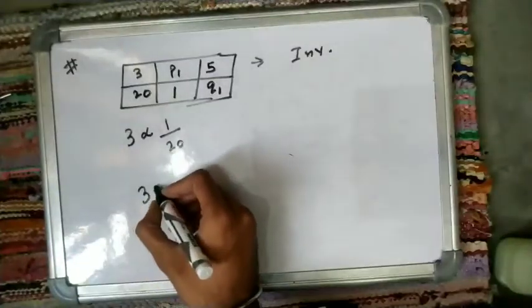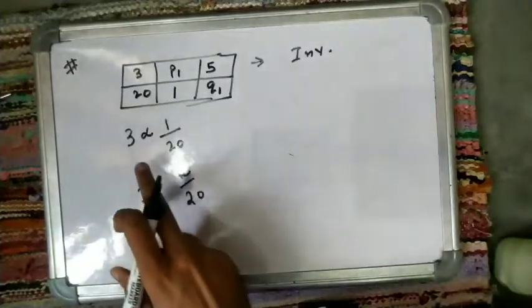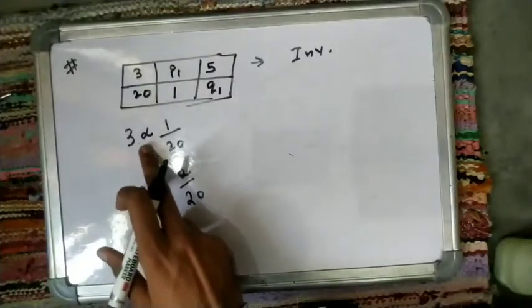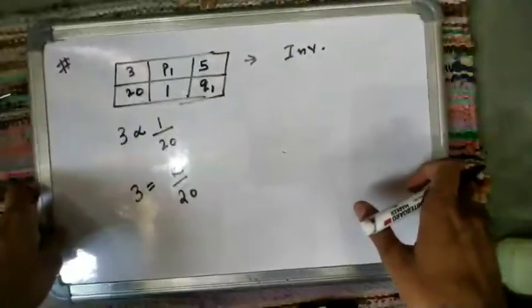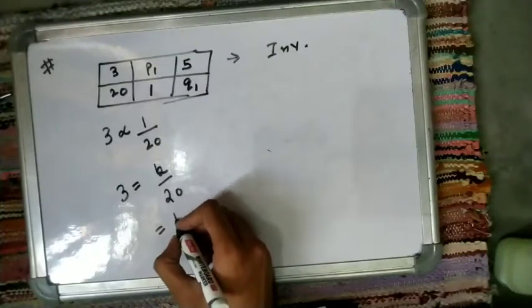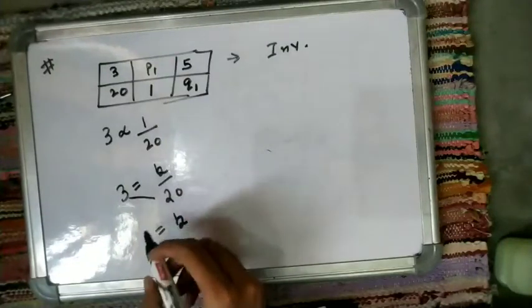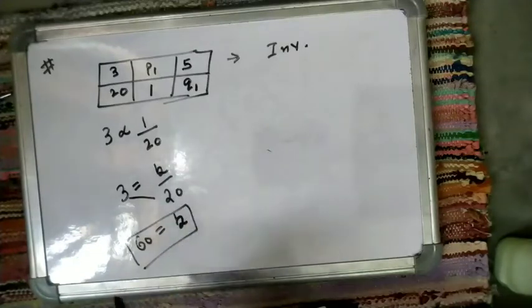So 3 is equal to K times 1 by 20. When we convert this proportional sign to equal to, we have to write K also. So now K becomes 3 times 20, that is 60. So K becomes 60. Understand?